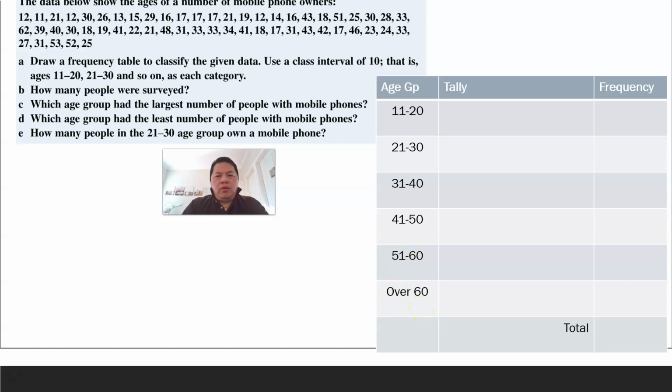So we draw again and go through the data collection, one at a time. 12 will be here. 11 is here. 21 is here.